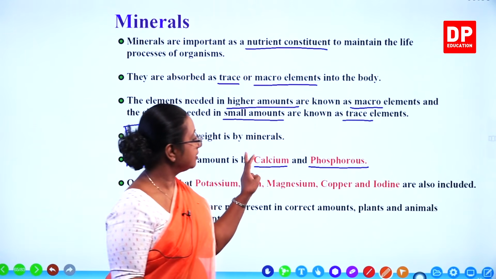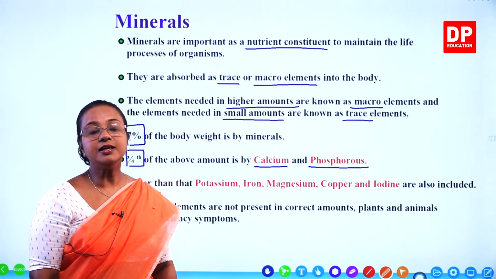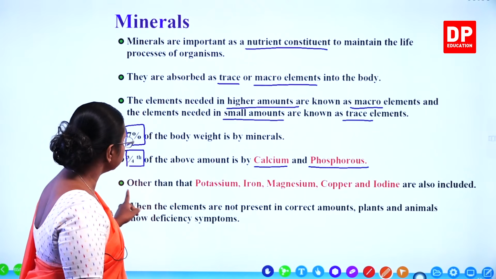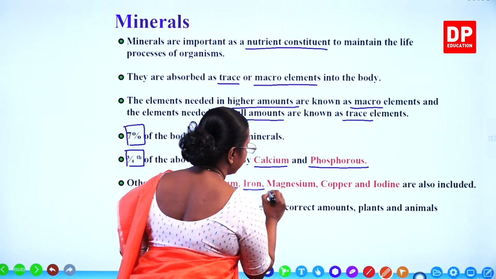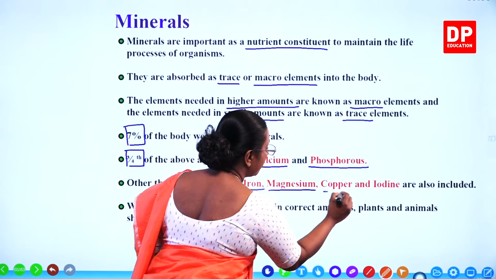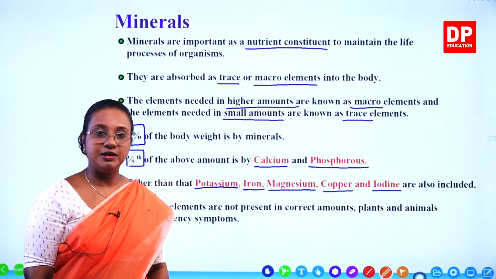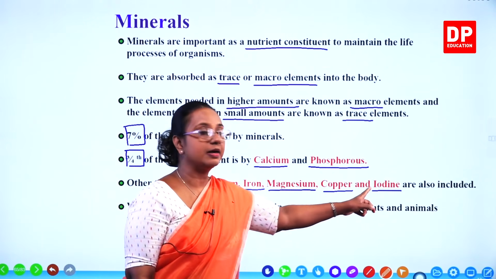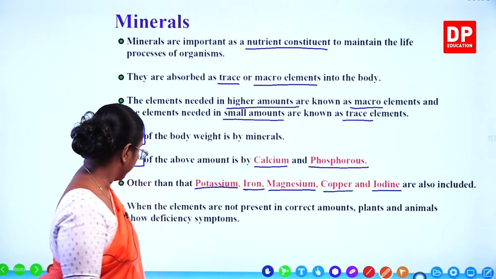So, these are the two main minerals that are there in the living body, calcium and phosphorus. Other than that, potassium, iron, magnesium, copper and iodine are present in the living body.